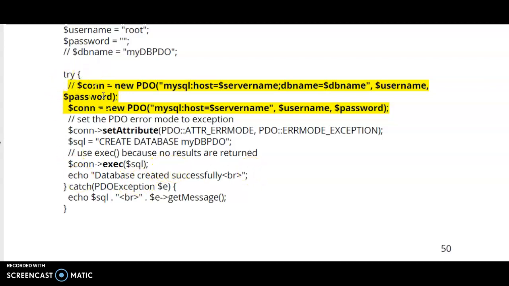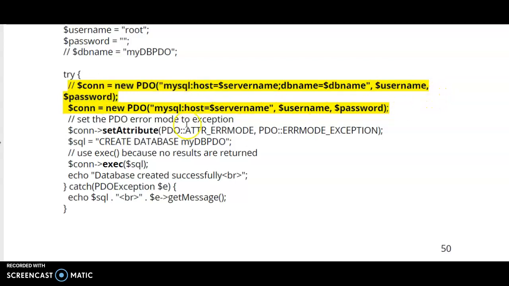For the try, $con new PDO mysql:host is equal to server name semicolon dbname is equal to the DB name variable, all in the double quotes. Then comma, and username and password.